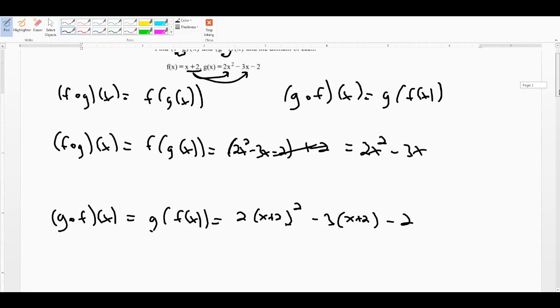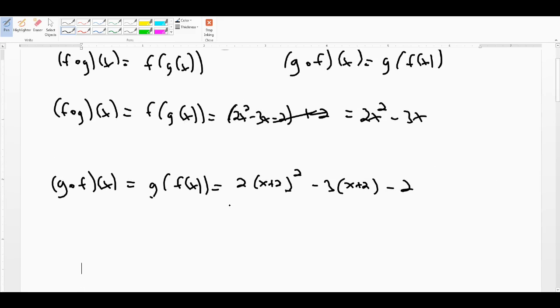And now we've got to clean this up. I need some space, so I'll write down 2. Then x plus 2 squared is the same as x plus 2 times x plus 2. And I'm going to go ahead and distribute this out. Negative 3 times x is negative 3x. Negative 3 times 2 is negative 6, and then bring down the minus 2.